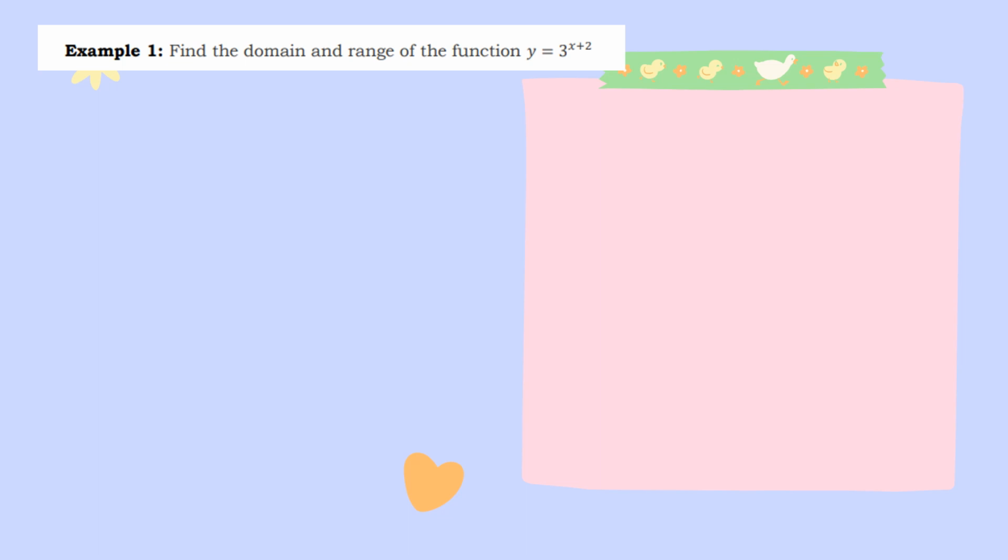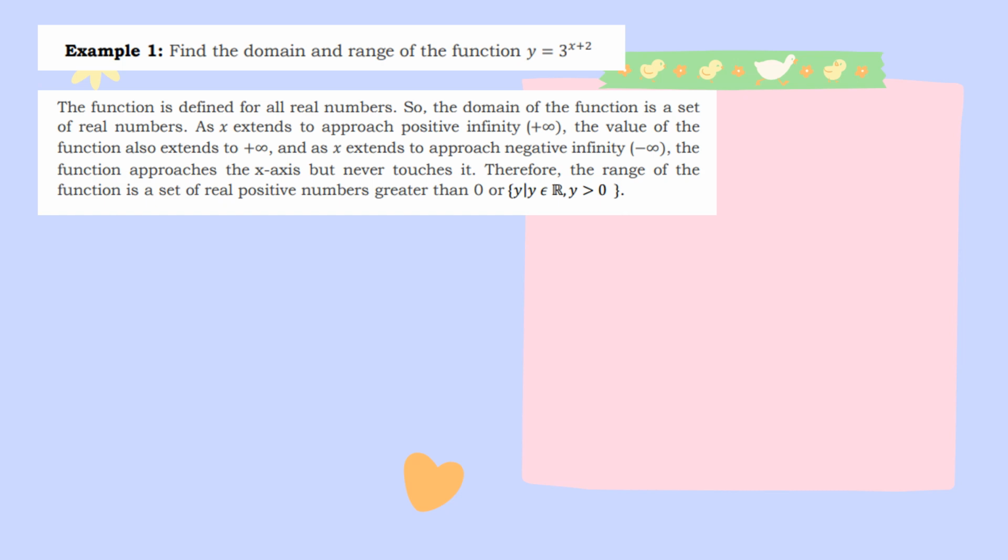Find the domain and range of the function y is equal to 3 raised to x plus 2. With that, the function is defined for all real numbers. So the domain of the function is the set of real numbers.